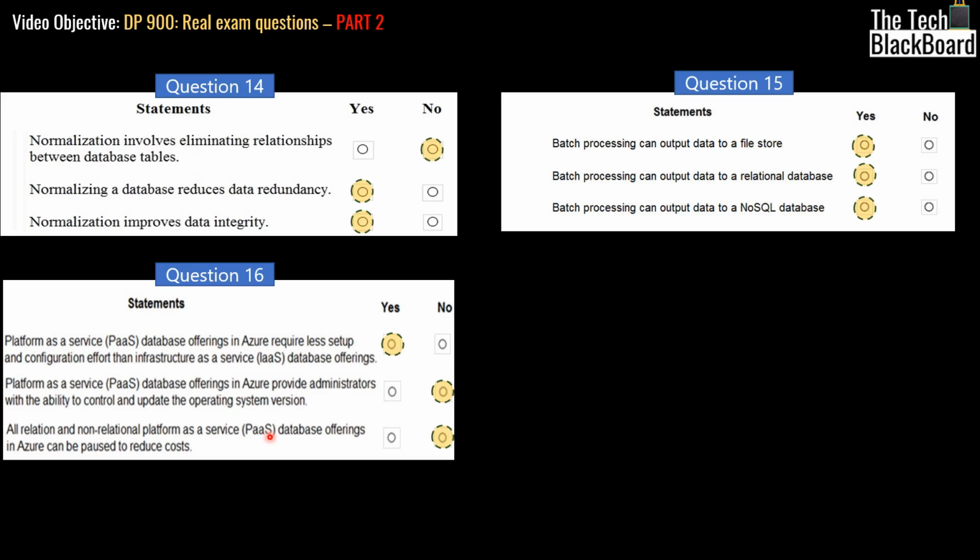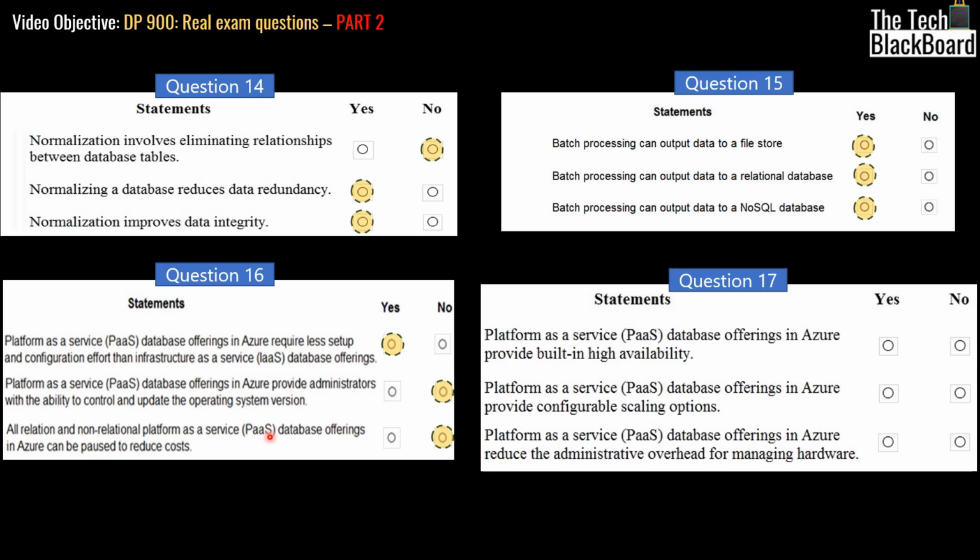Let's move on to our question number 17. Our question number 17 is again related to PaaS. So, PaaS data offerings in Azure provide built-in high availability.